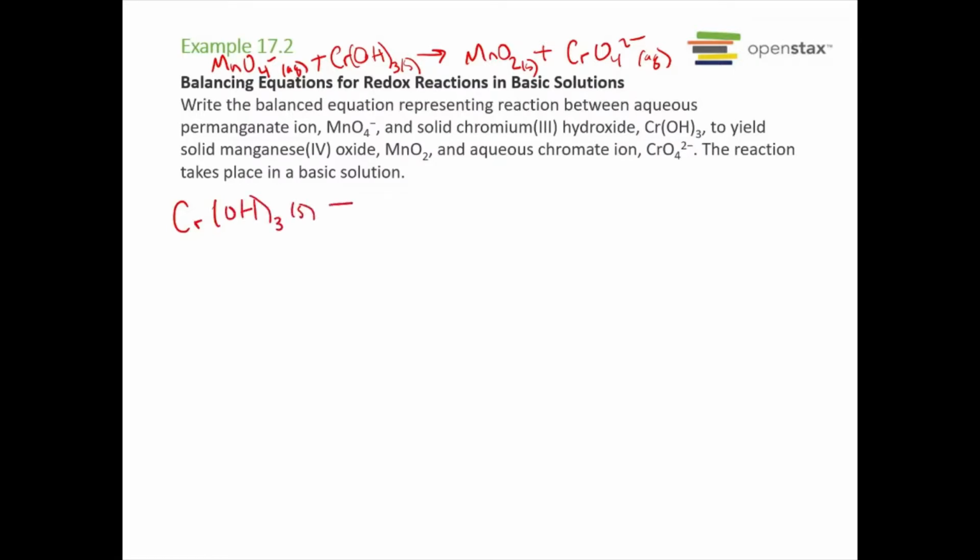Cr(OH)3 going to CrO4 2 minus versus manganese seems to be the other one, MnO4 minus going to MnO2. So we already know what our half reactions are, even without going, oh, this is oxidized, this is reduced.